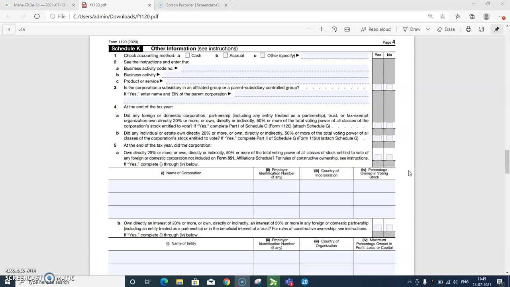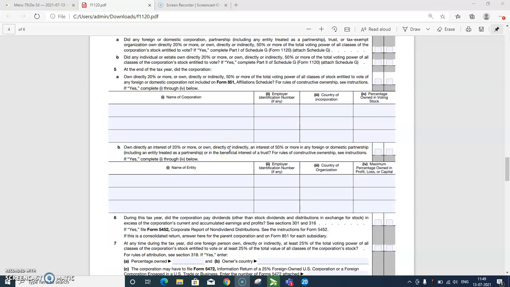Generally, if an entity, a corporation, partnership or trust, is owned directly or indirectly by or for another entity, the owned entity is considered to be owned proportionately by or for the owners, shareholders, partners and beneficiaries of the owning entity. So guys, be very careful about line number 5.